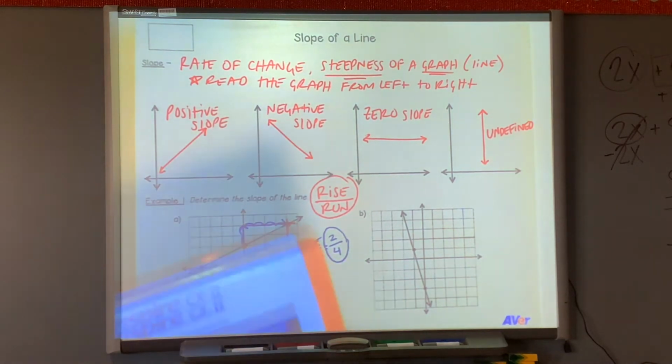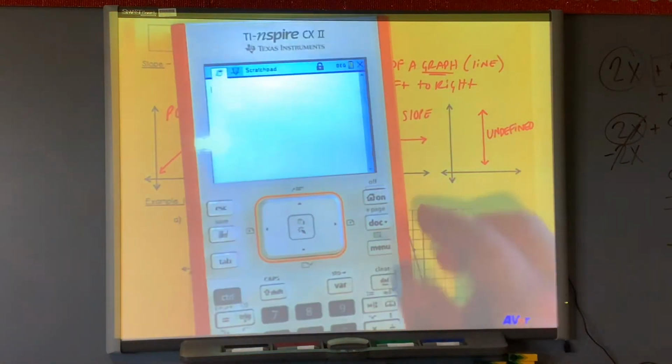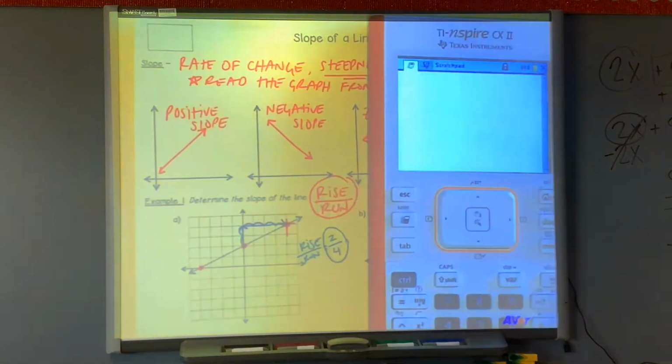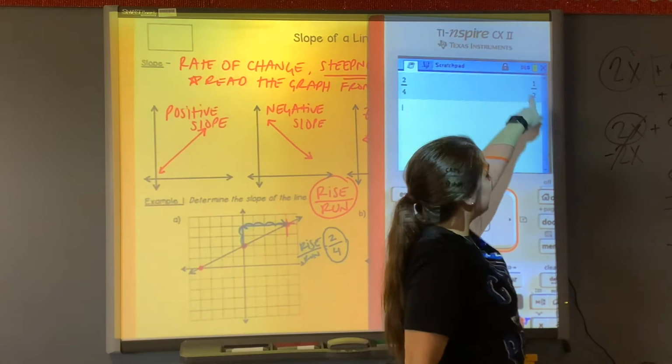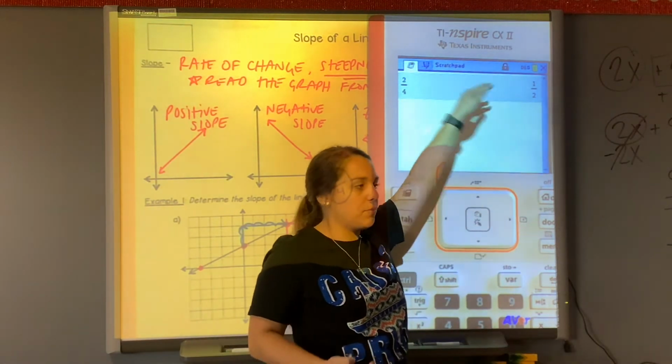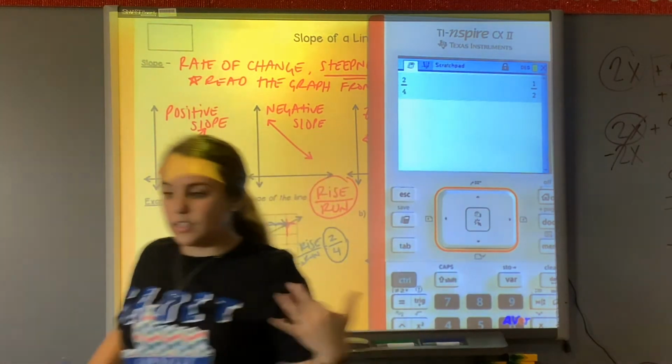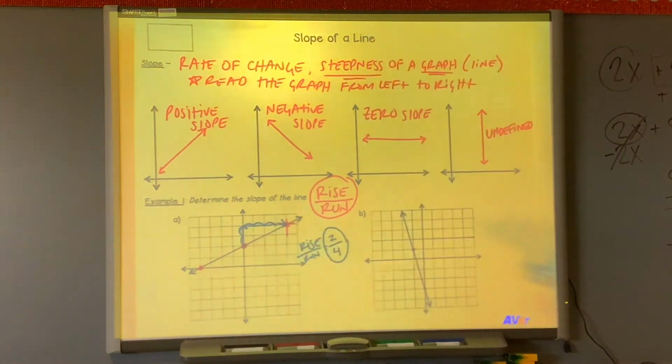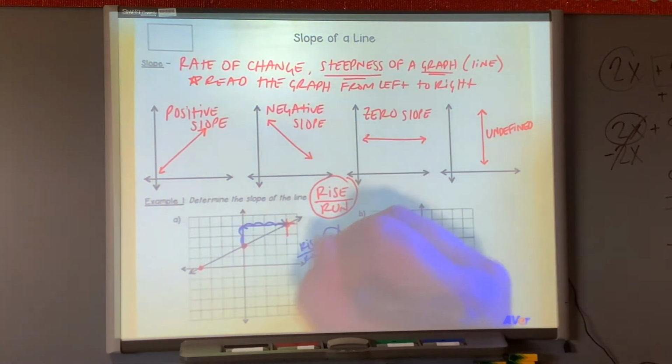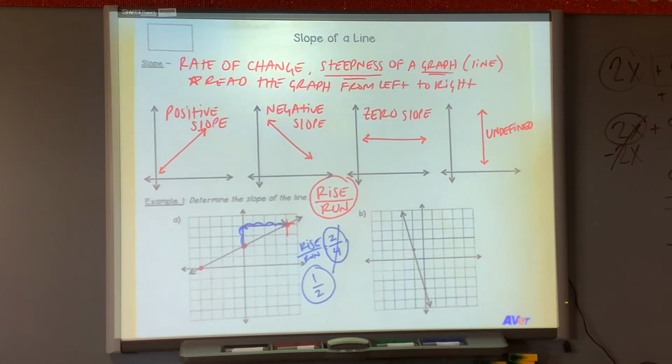Okay, if I were calculating 2 over 4, I would put 2 divided by 4. And if I press enter, it reduces the fraction for me. It does not put it in decimal form. If I wanted it in decimal form, I would press control enter, but I don't. I just want a reduced fraction. So actually the answer is not 2 over 4, it is 1/2. Okay? 1/2 is our slope.